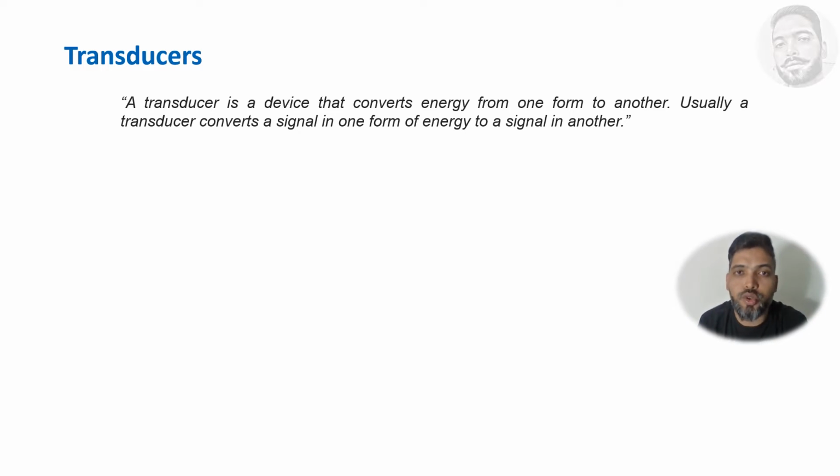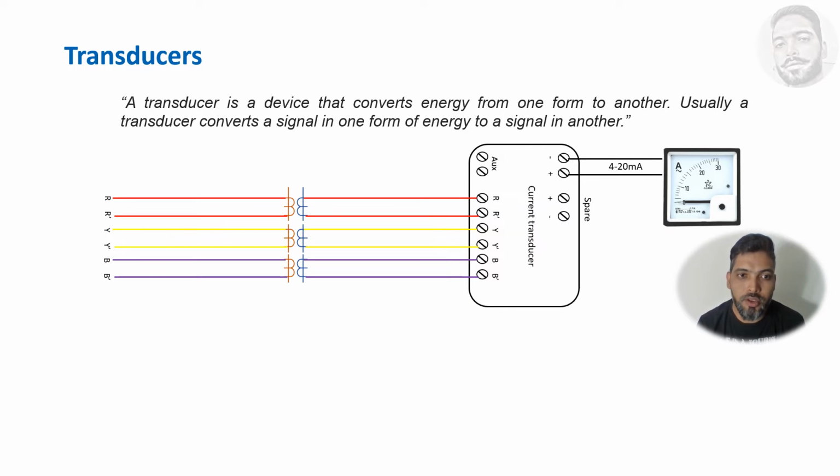So you have to scale those signals down to very small signals like 0 to 5 volts, 0 to 10 volts, 4 to 20 milliamps, or 0 to 10 milliamps, changing that signal to another form. In that form only can you measure the current, voltage and wattage, whatever you want.